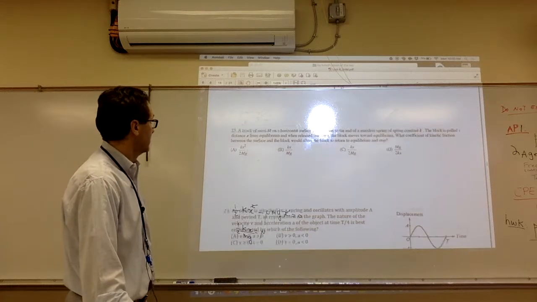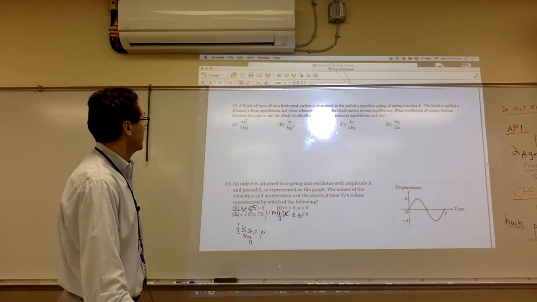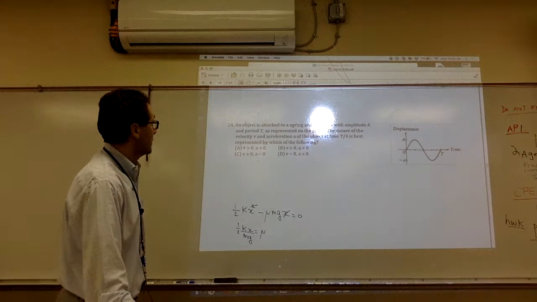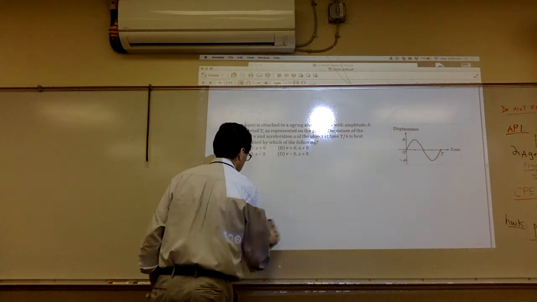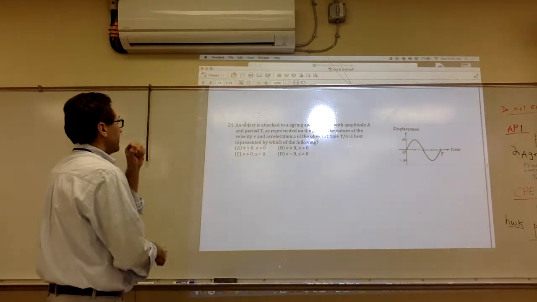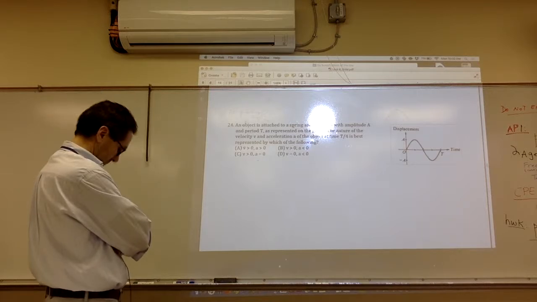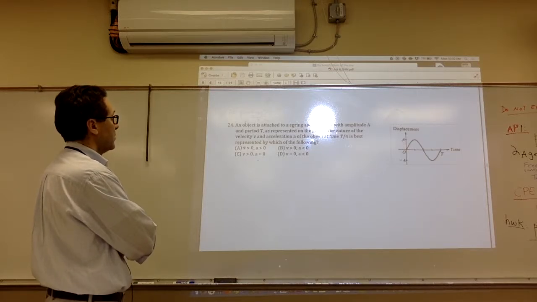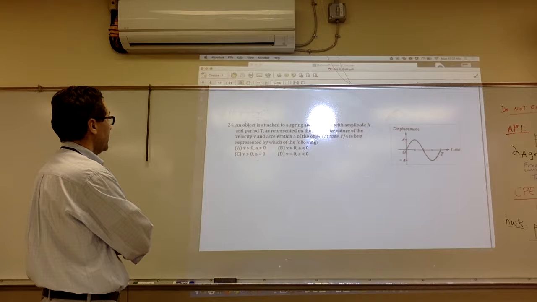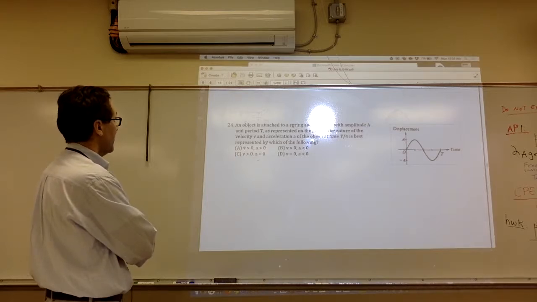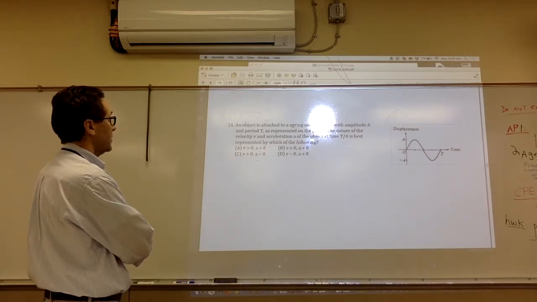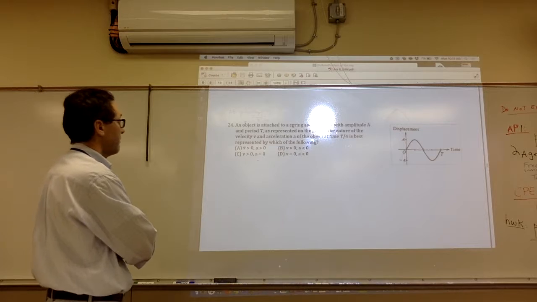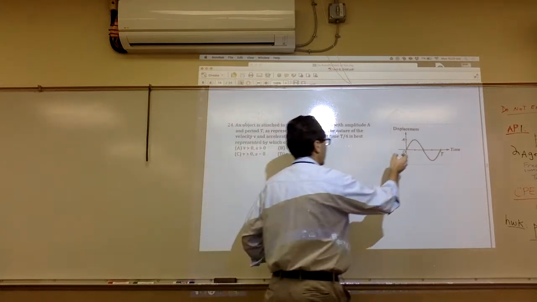All right, let's look at 24. An object is attached to a spring and oscillates with amplitude A, period T. The nature of the velocity V and acceleration of the graph at time is best represented by which of the following? So at a quarter of the period, you are here.